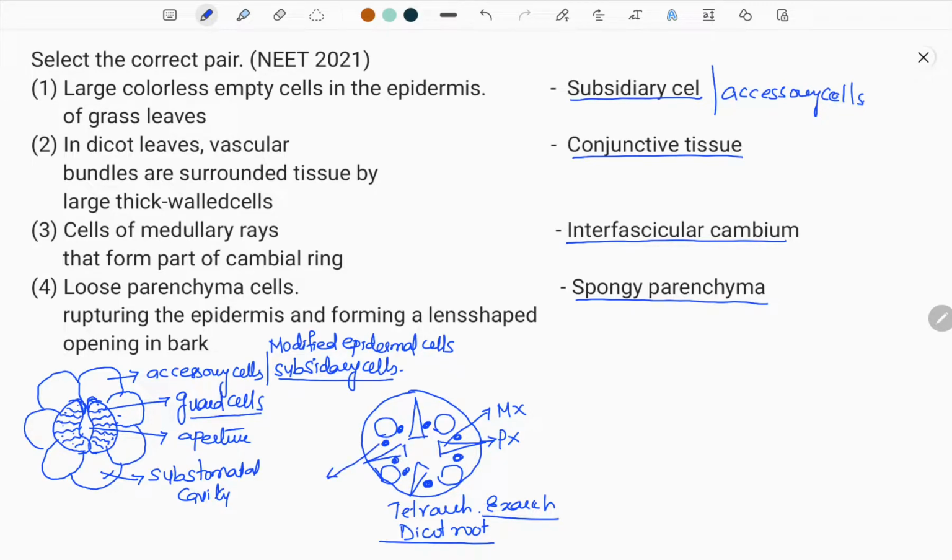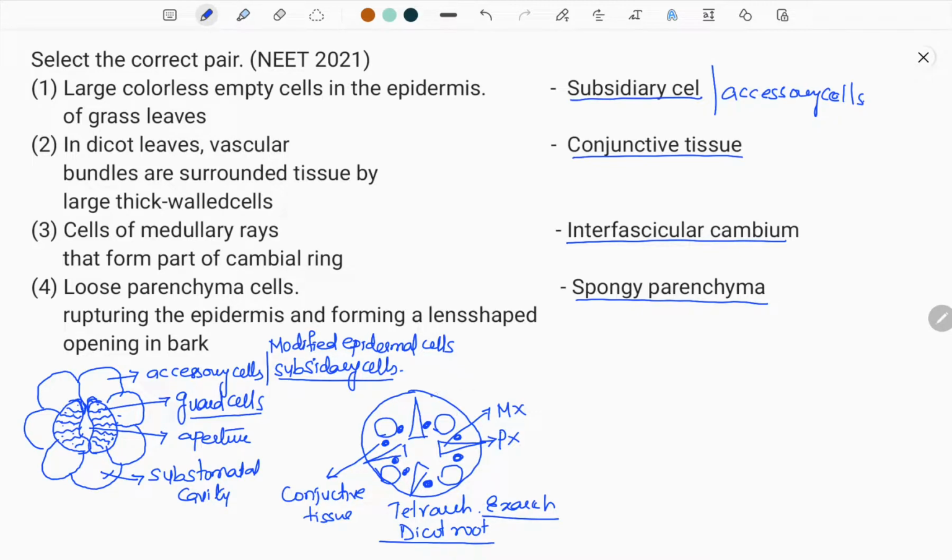So conjunctive tissue is a parenchyma tissue that is found in between xylem and phloem of dicot root and monocot root. What is their main function? They store food material, and in dicot root, conjunctive tissue as well as pericycle both will form the secondary vascular cambium.